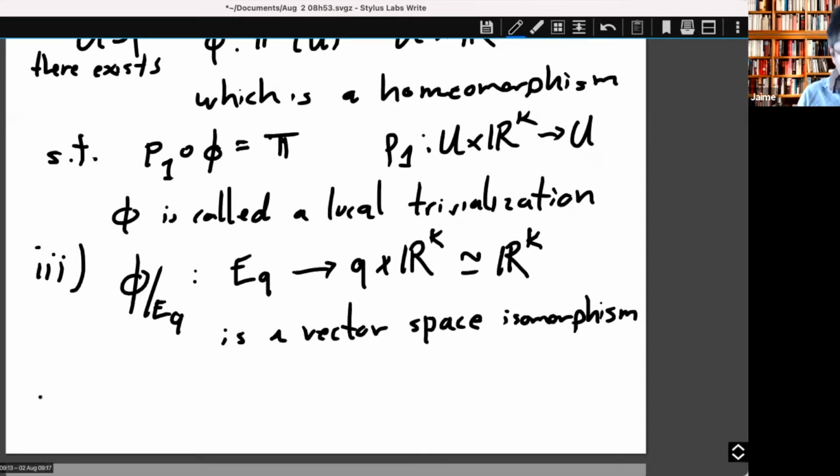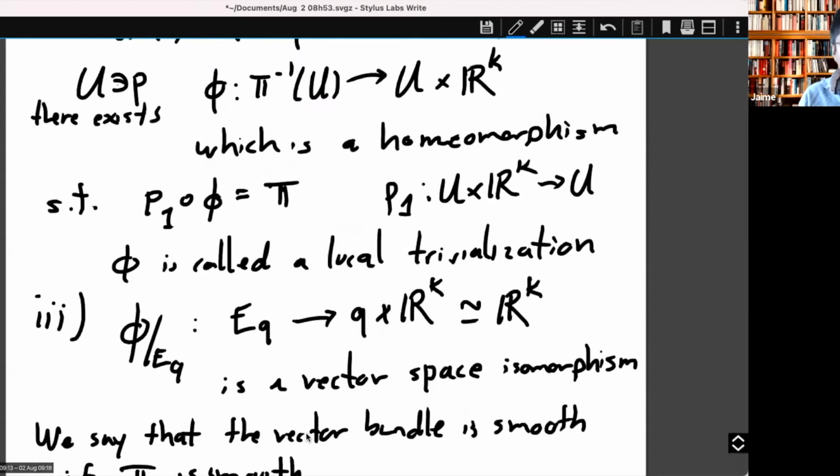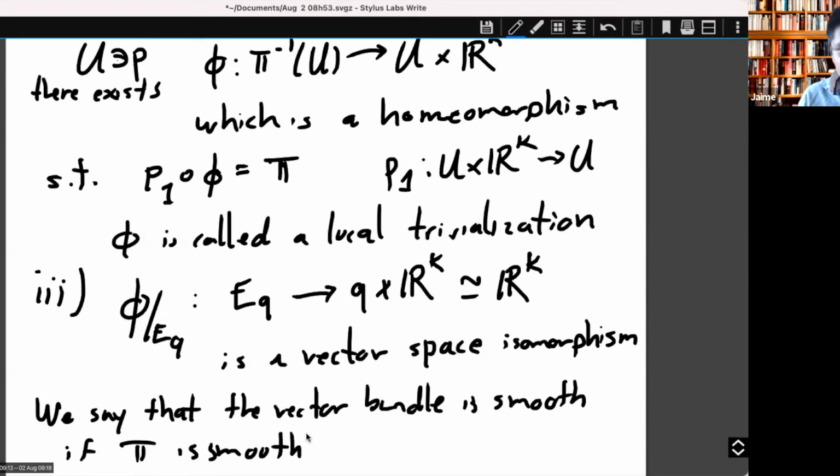So we say that a vector bundle is a smooth vector bundle if pi is not only continuous, but also smooth, right?